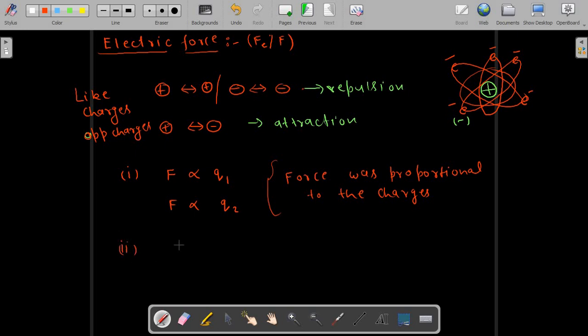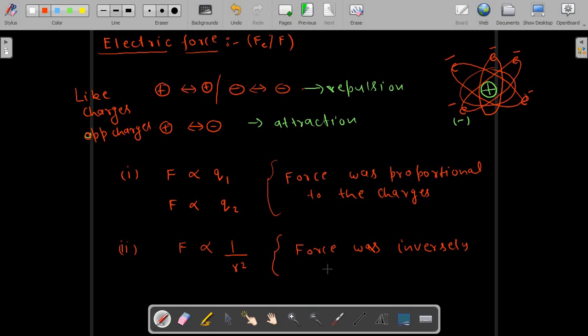The second thing they observed is that force is inversely proportional to the distance r square. Inversely proportional means, as you increase the distance r, the F will decrease, right?